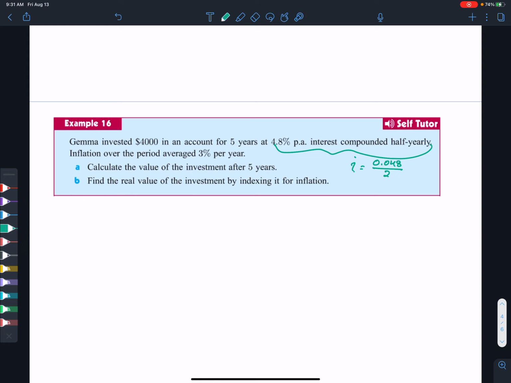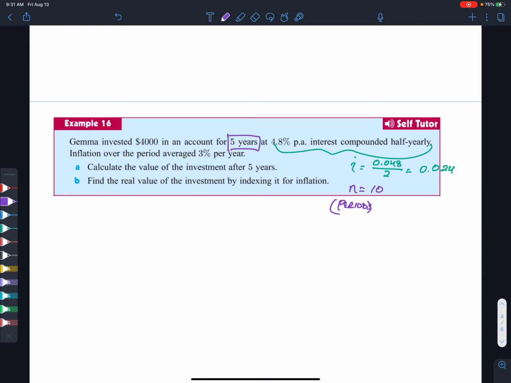That will give us a value of 0.024. That's our compounding interest, but we're doing that for 5 years. So our period n, the number of times we're going to compound, is going to equal 10.